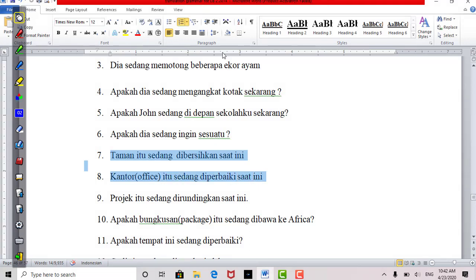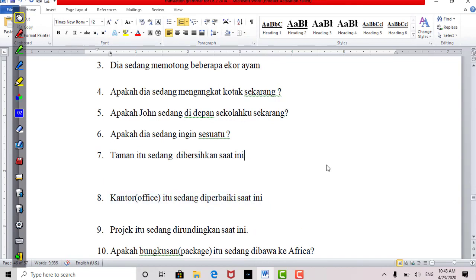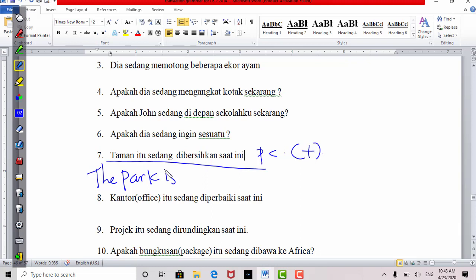So this one will be pattern C, a positive statement. So it will be: the park is being cleaned right now.